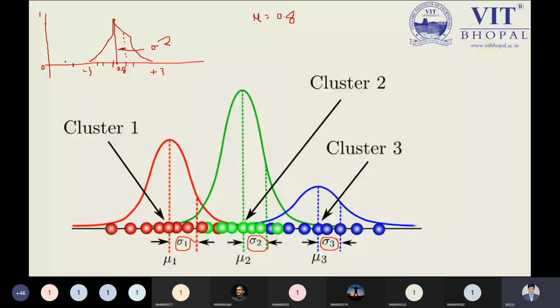Suppose its mean is around 0.5, 0.6 something. So its mean would be 0.6 something. Okay, let me remove this point right now.